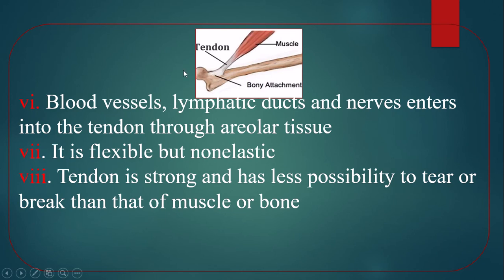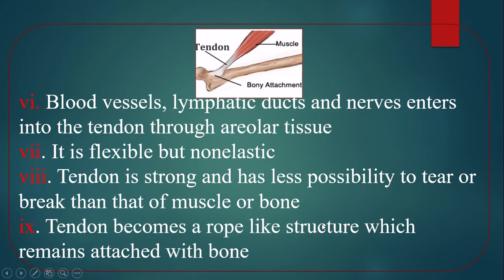Follow the picture. This is a tendon attached with muscle and bone. This is a bone, this is muscle. That means the tendon is the fibrous connective tissue which helps to attach muscle with bone. Tendon becomes a rope-like structure which remains attached with bone.